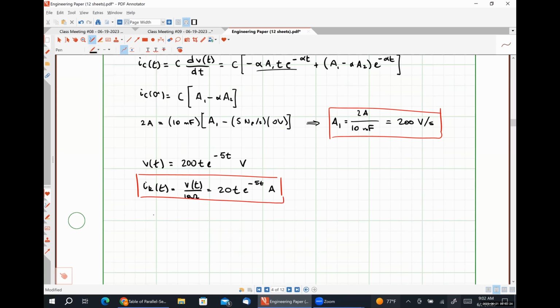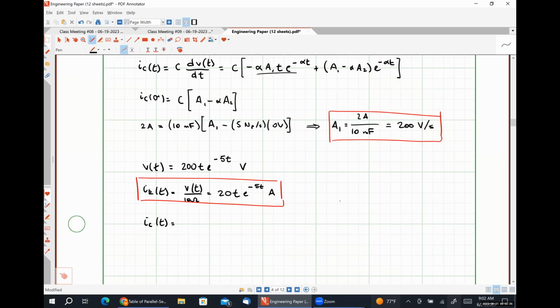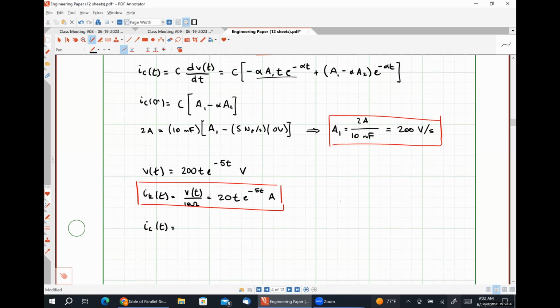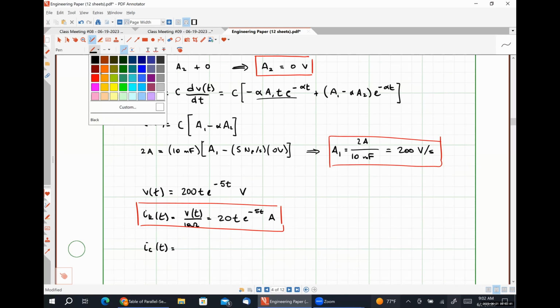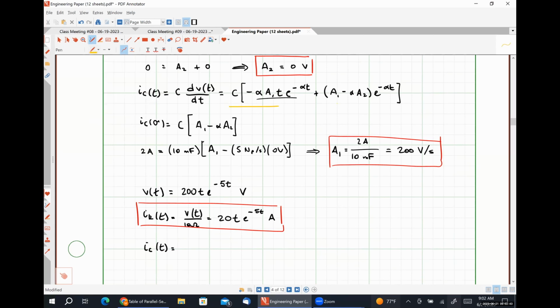For our capacitor current, IC of t, effectively, we're going to use this expression right here to get our coefficients, right?